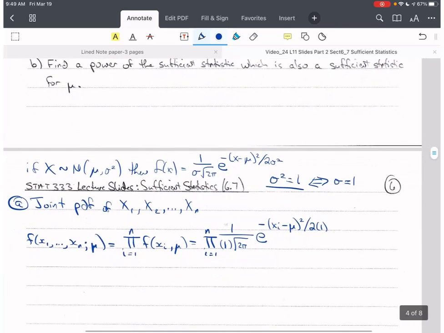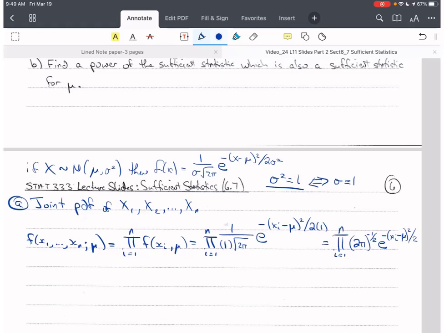So this is equal to the product of (2 pi) to the negative 1/2 times e to the negative (xi minus mu) squared over 2, i equals 1 to n.